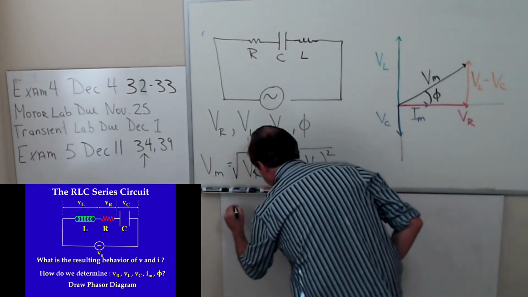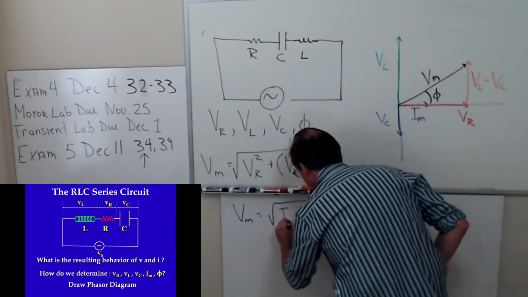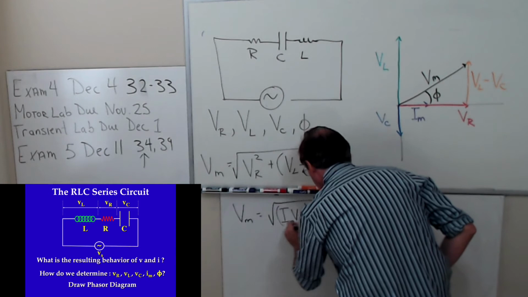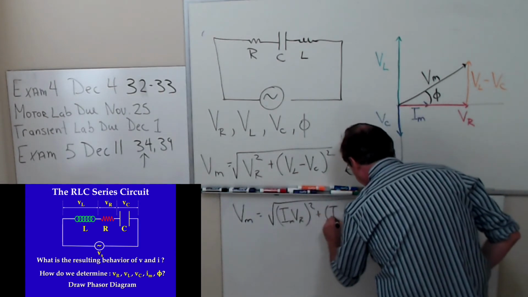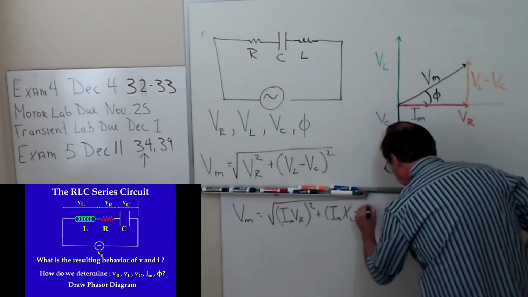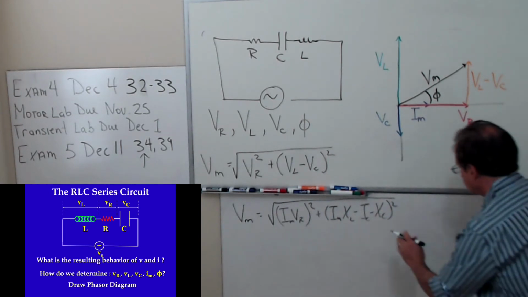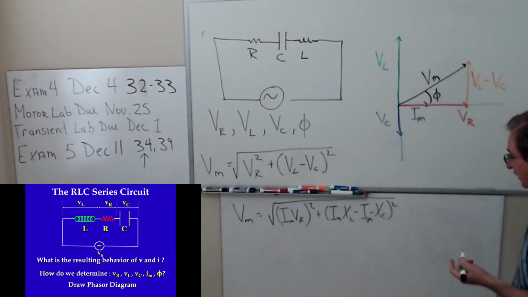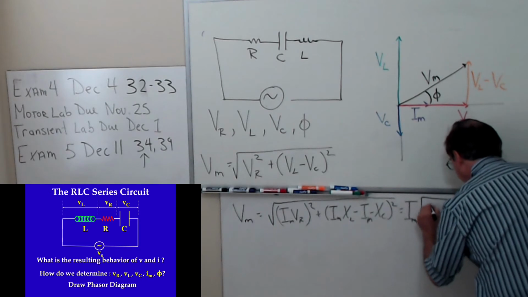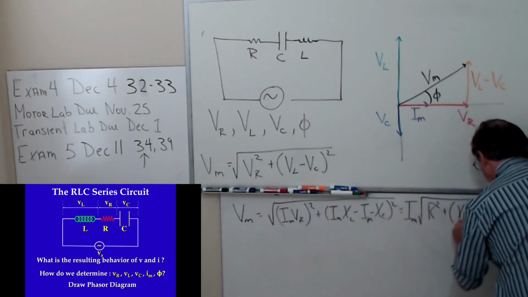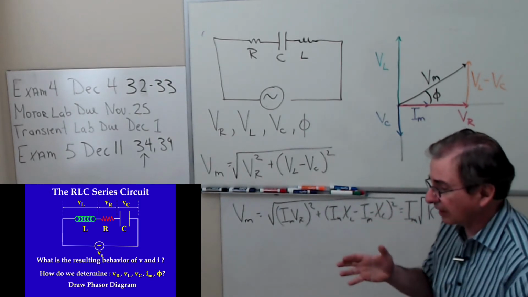And so I can write I sub M times R. And then this thing in parentheses is going to be I sub M times X sub L minus X sub C. I can factor out the I sub M. And that term in the radical is called the impedance.